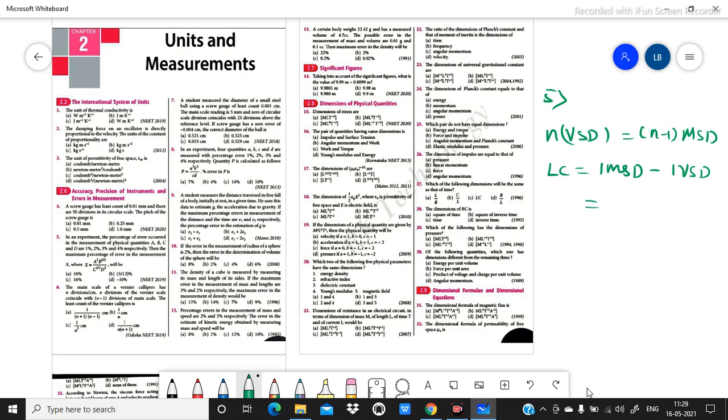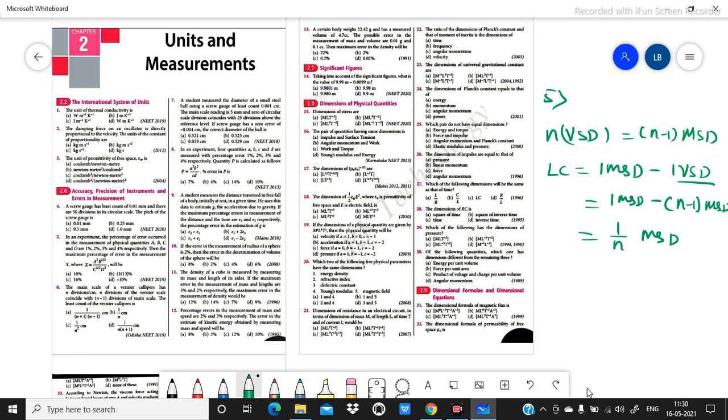I will get 1 MSD minus 1 VSD, which will come as 1 MSD minus, I can write n-1 by n MSD in place of VSD because it is given in the question. So I will get 1 MSD minus n-1 by n MSD, so finally I will get 1 by n MSD.